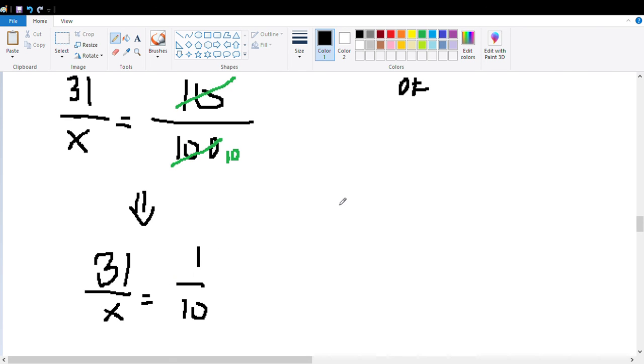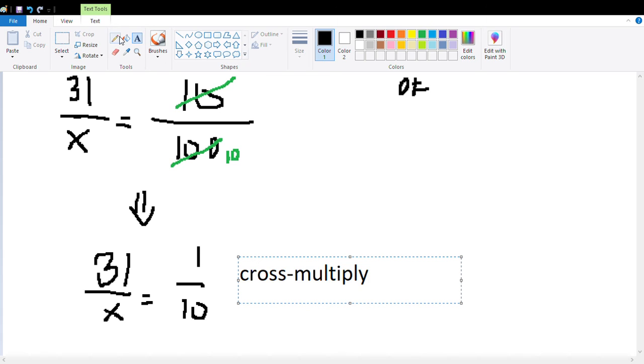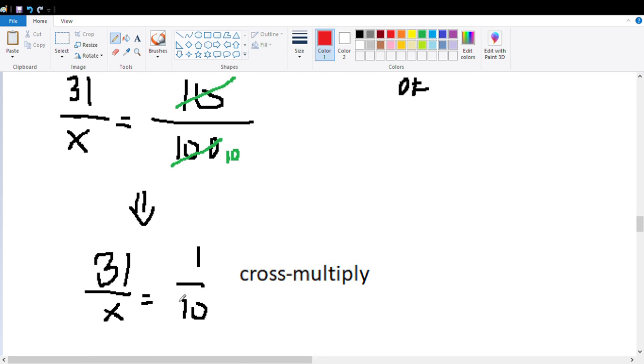Now we cross multiply. How do we cross multiply? We're going to multiply the right denominator with the left numerator, and we're going to multiply the left denominator with the right numerator.